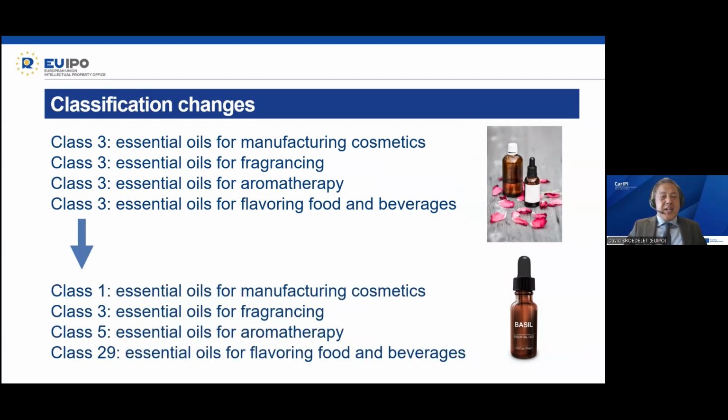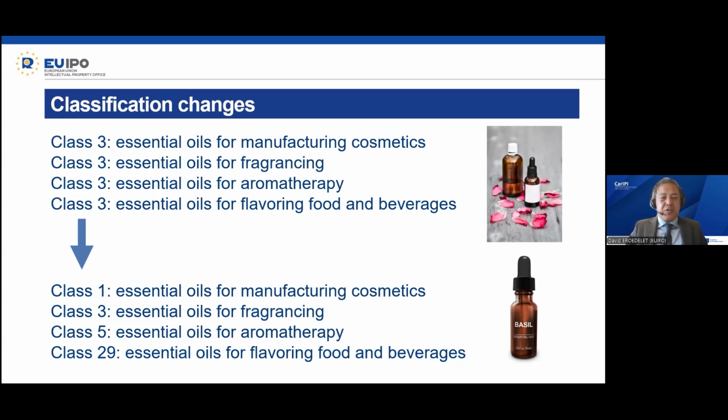So in class 1, for example, there were the oils for manufacturing cosmetics because these are really considered to be raw material. Right? So this is a raw material for cosmetic, even though it's essential oil. In class 3, that is still for fragrancing, so to make perfume.